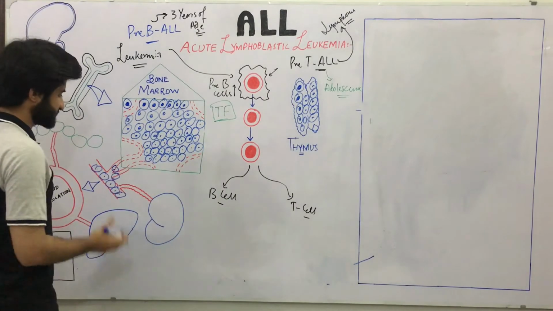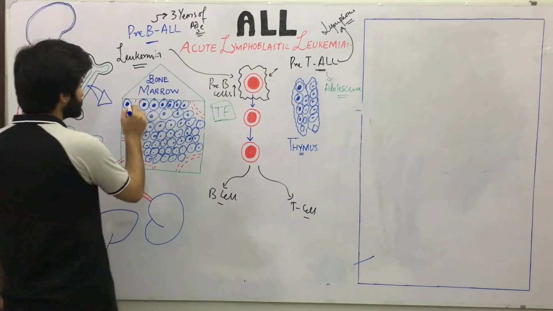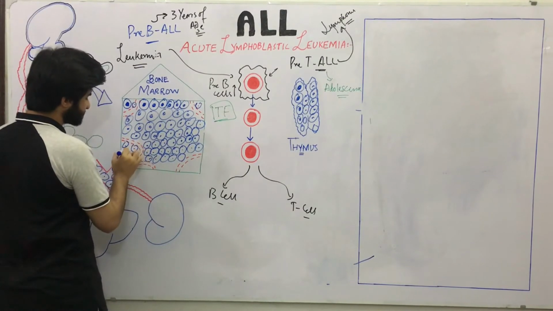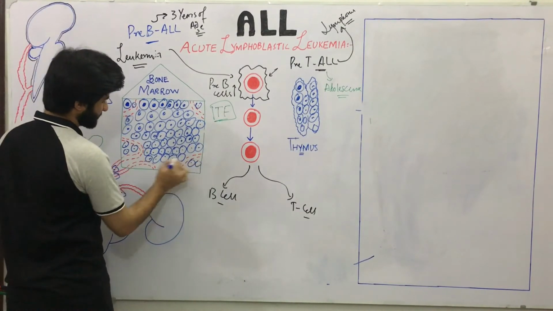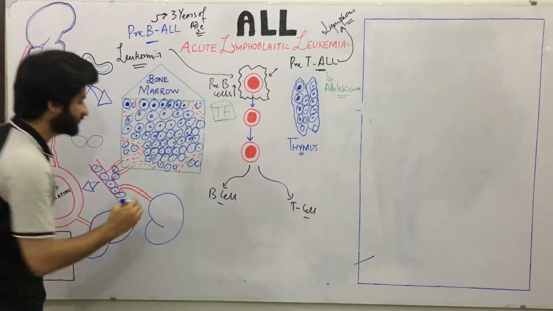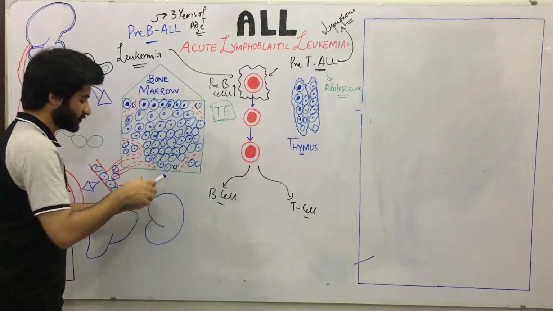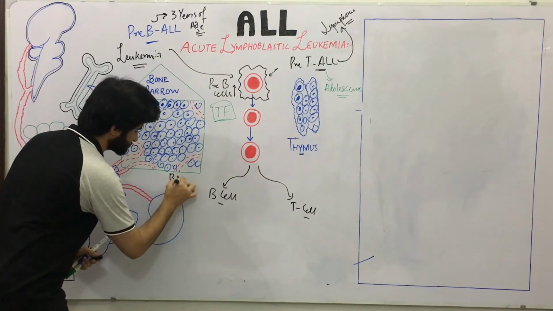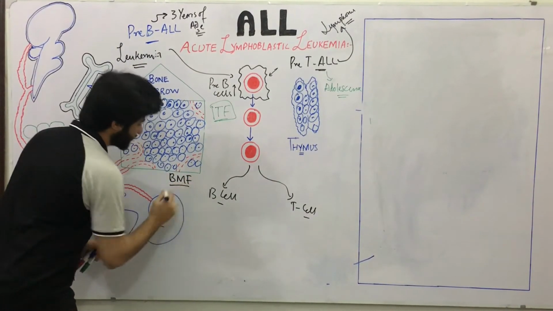so what will happen next? As a result, this bone marrow is overcrowded by precursor B cells. So the normal function of the bone marrow will be lost, and there will be features of bone marrow failure.